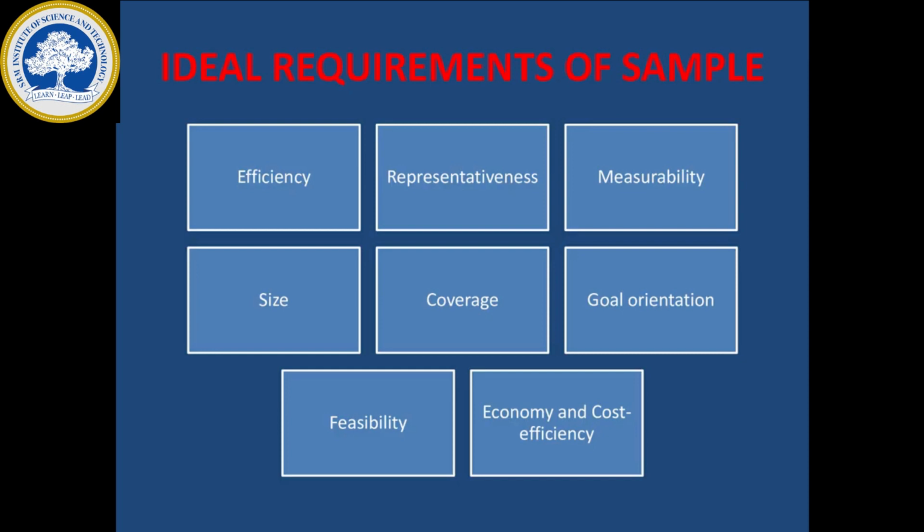Then compared to the restorative materials in the market, yours is very much applicable, and it's an ideal requirement of a sample. So you should keep in mind all these 8 terms. What are they? Efficiency, representativeness, measurability, size, coverage, goal orientation, feasibility, economy and cost efficiency.